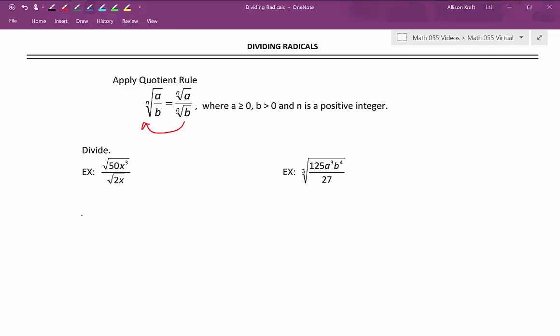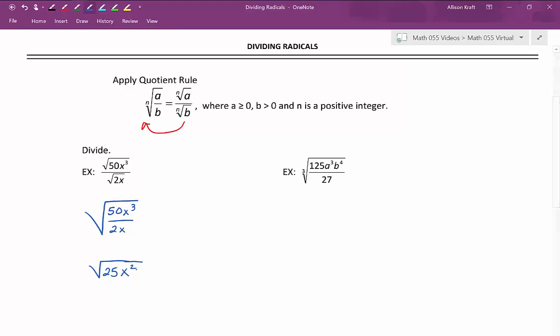Since we don't, I'm going to see if I put it together as a single fraction and simplify the fraction if I end up getting something nicer. So let's simplify what we have underneath of our square root now. 50 divided by 2, that's 25. x to the third divided by x to the first, I'm going to subtract my exponents and get x squared on top.